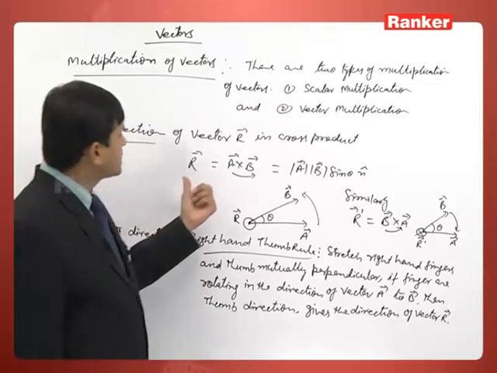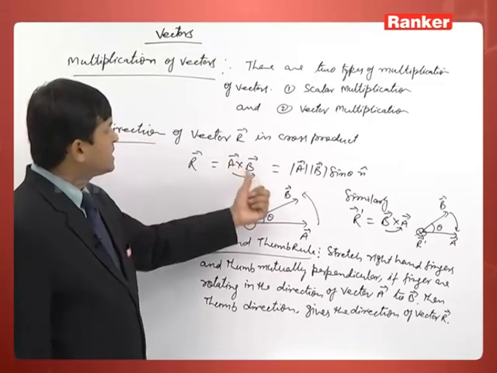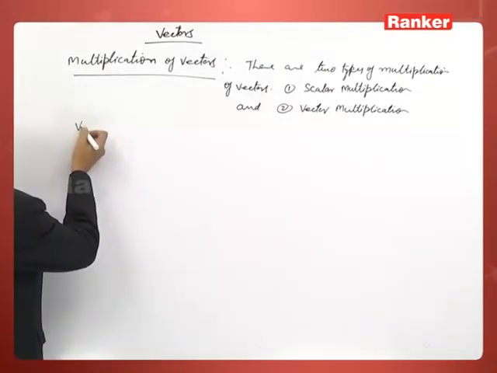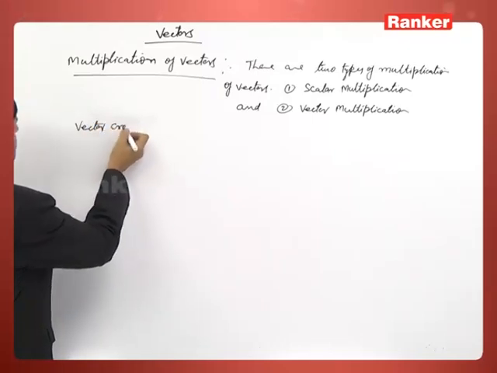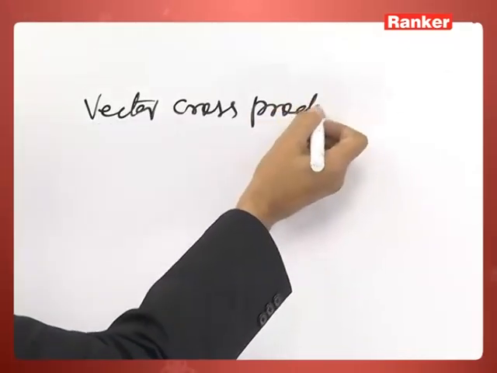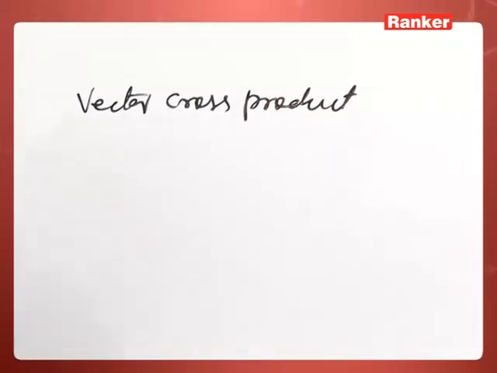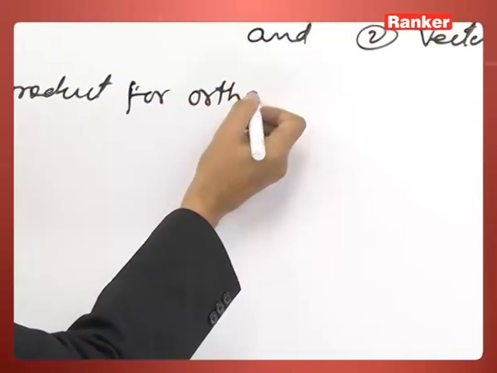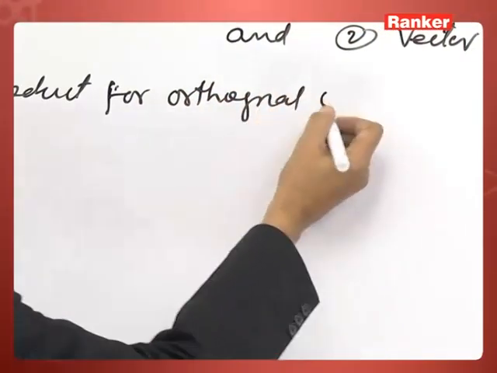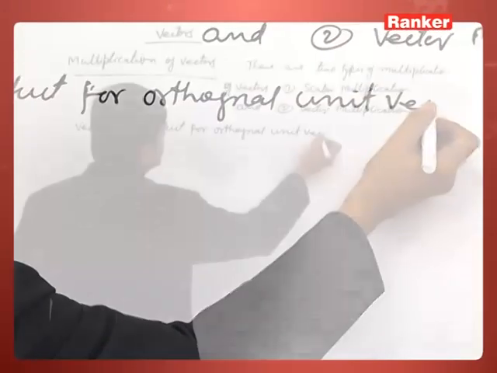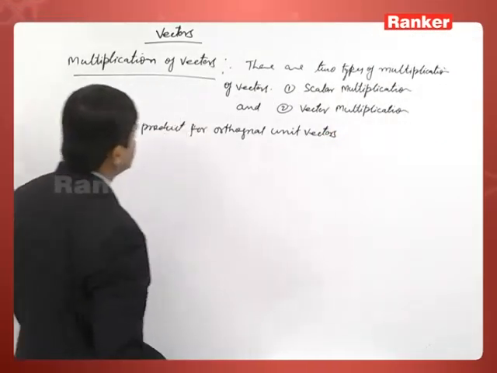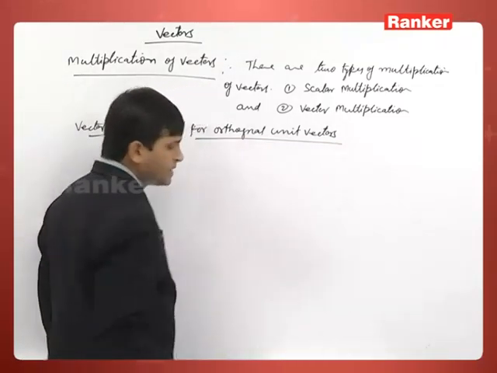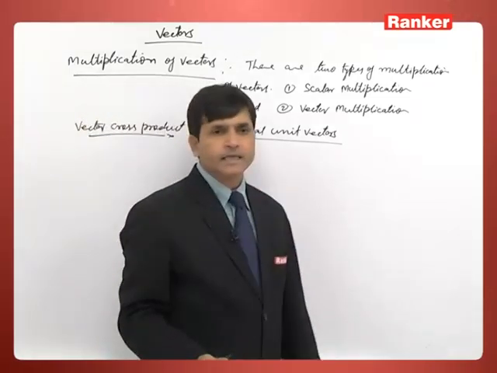See how we can use the vector cross product in case of orthogonal unit vectors. Orthogonal unit vectors means we have i, j and k cap.